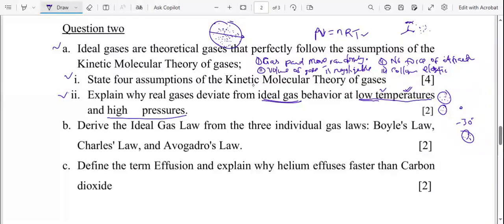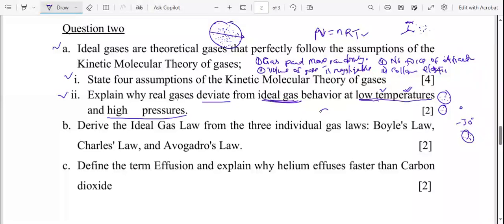So they will no longer be ideal gases, because these are the assumptions of ideal gases, and if we have low temperature, the gases will deviate from these assumptions. Then at high pressure, particle volume also matters.